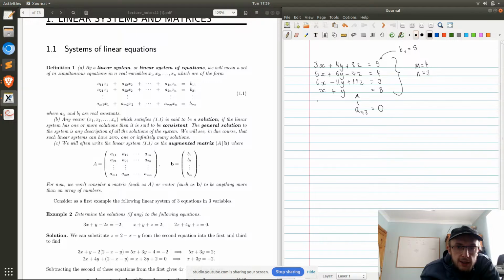Okay, so I'm going to take that linear system of equations above and present it as an augmented matrix.